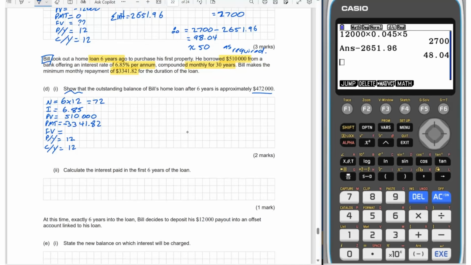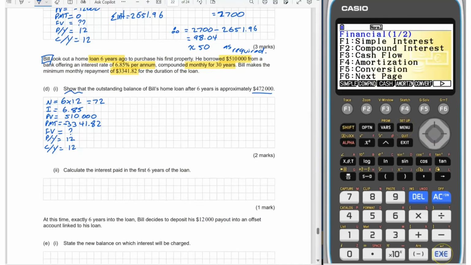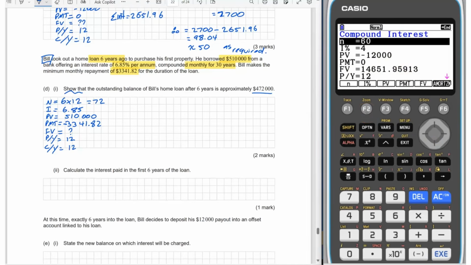So that has to be a negative amount, and hopefully that balance will be what we're after. Okay, F2. So 6 times 12, 6.85, 510,000, negative 3,341.82.